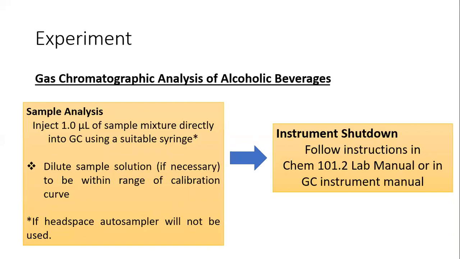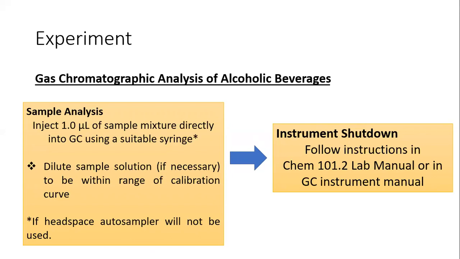Okay, so after preparing your sample solution, you can now inject it into your GC system using a suitable syringe. If you will do manual injection, you will use a syringe.